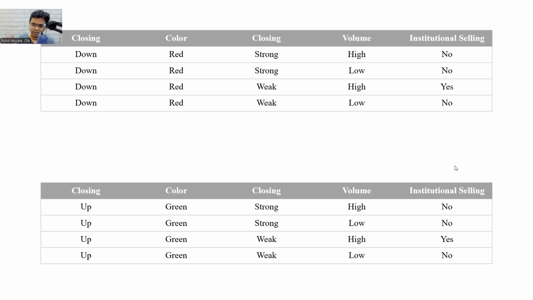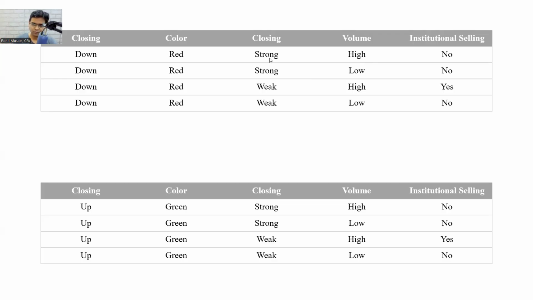Okay. Remember this. It doesn't matter whether it's a red bar or a green bar. If the volume is low, institutions are not selling, because if institutions were selling, the volume would have been high. If the closing is strong and volume is high, obviously institutions cannot be selling. Otherwise, how can the closing be strong, right?